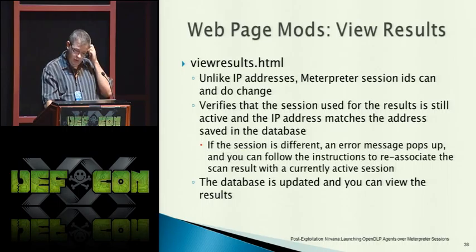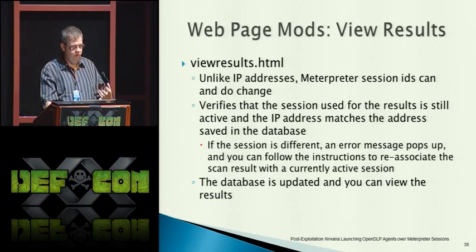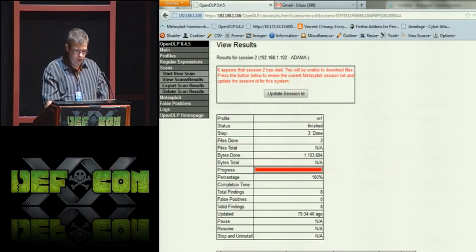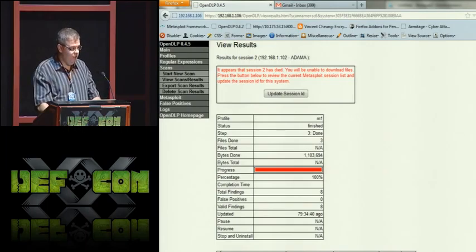So I created a page here that in View Results, it checks to see if the session is currently active, and if it is, if the IP address matches. If neither of those conditions are met, it'll give you a little warning message and a button that will allow you to update. I can show you here, see, the session IDs are mismatched.